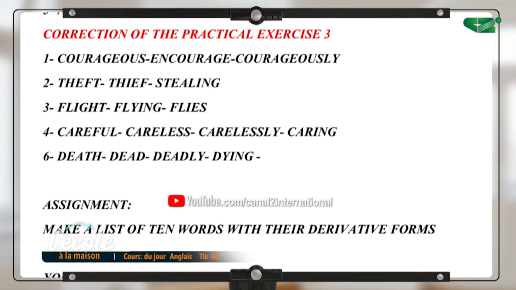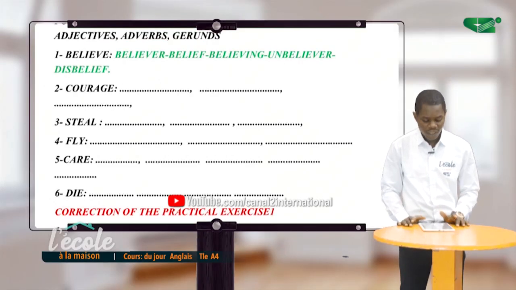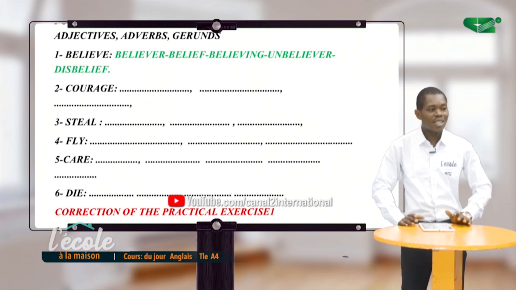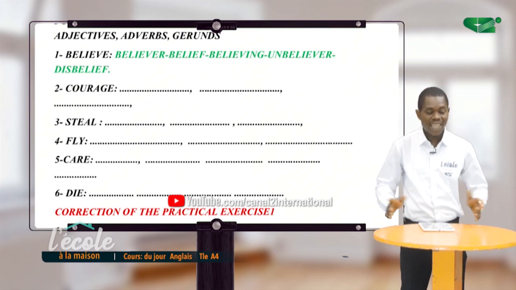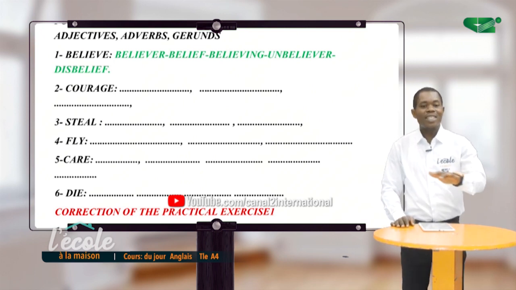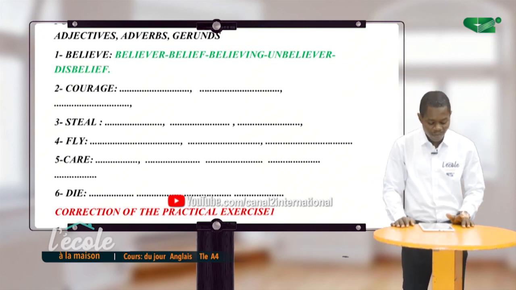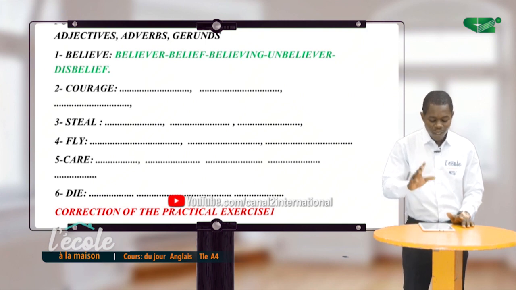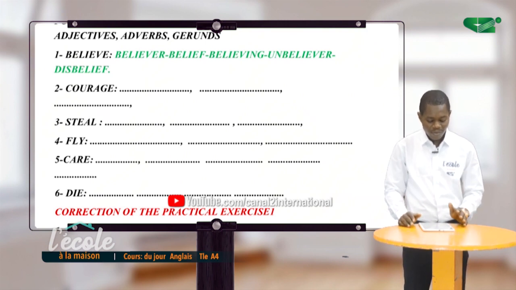Number 3. You were asked to give three words after steal. Steal is just taking something illegally without having any permission. That is a basic definition, if I want to take it like that. Now, give three other words from steal.